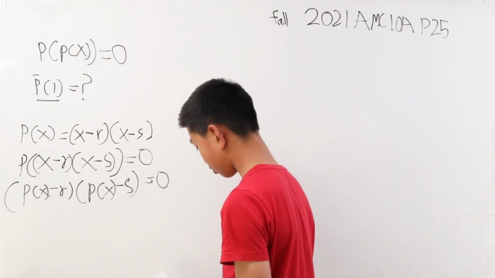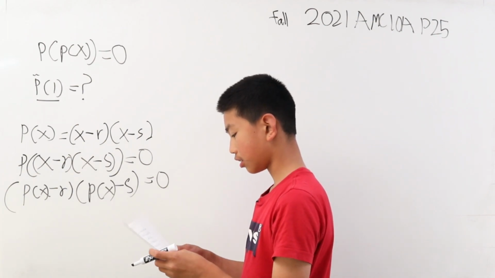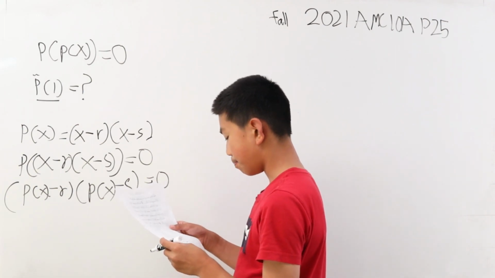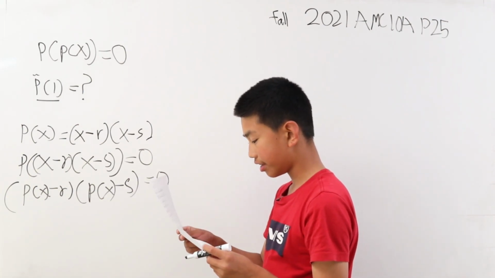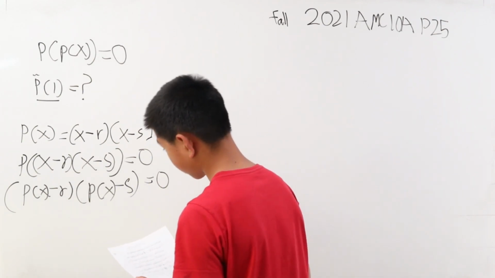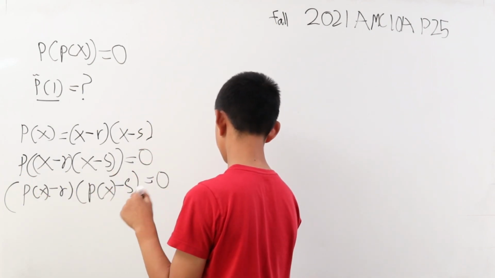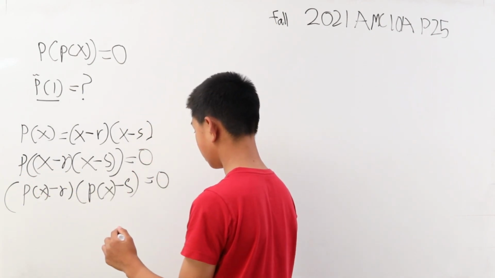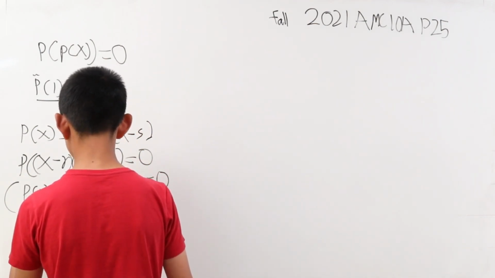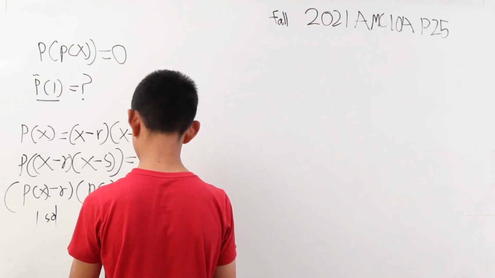Now, we were also given that this equation is satisfied by exactly 3 real numbers. So that means that one of these has to have 2 solutions and one of these has to have 1. Let's call this one the 1 solution, and this has 2 solutions.